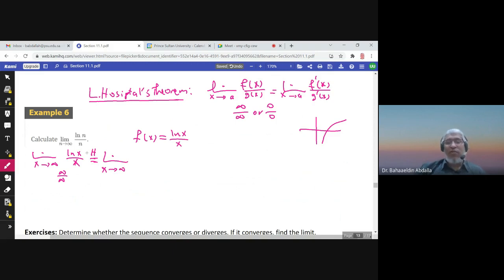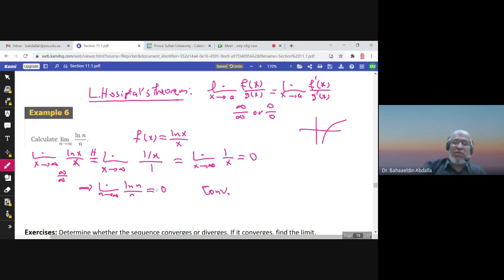So the derivative of ln x is 1 over x, and the derivative of x is 1. Now, this would be 1 over x. And now when I replace x by infinity, 1 over infinity is 0. So the limit of ln x over x when x approaches infinity is 0. So the limit of ln n over n when n approaches infinity is also 0, and the sequence is convergent.